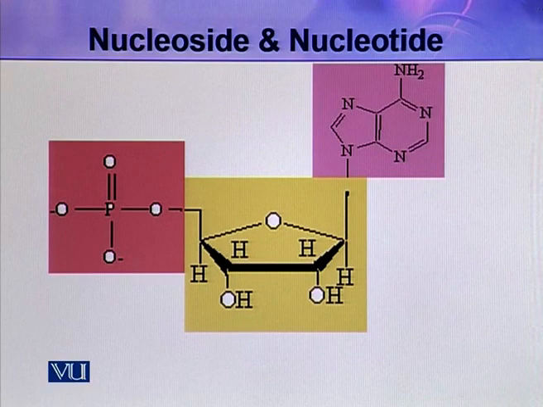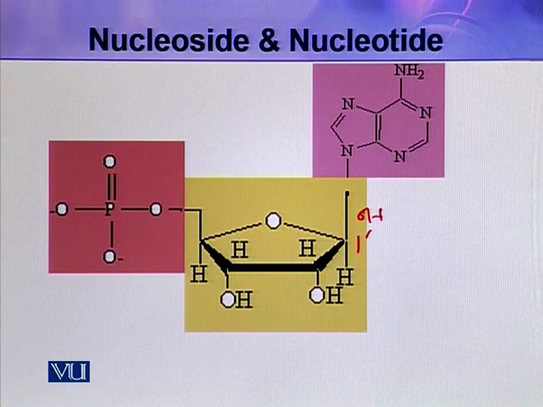As you can see here, this is a 1' carbon, and at this 1' carbon an OH group is present. The nitrogen of the nitrogenous base attaches with this 1' carbon of the pentose sugar.